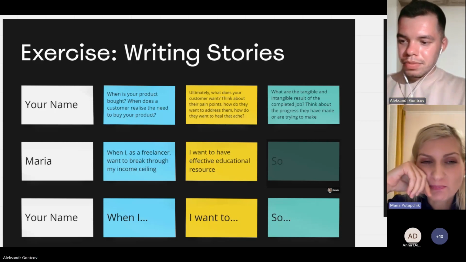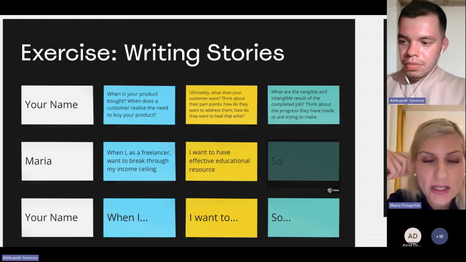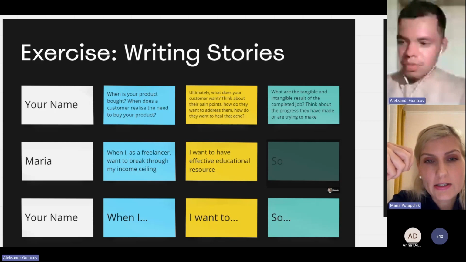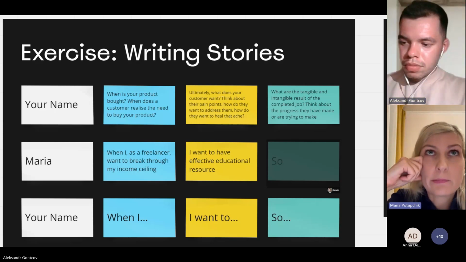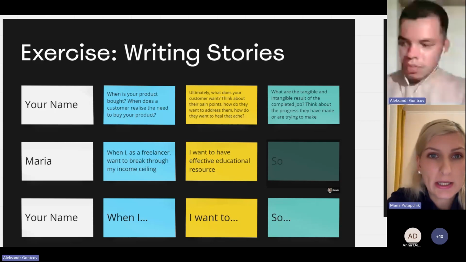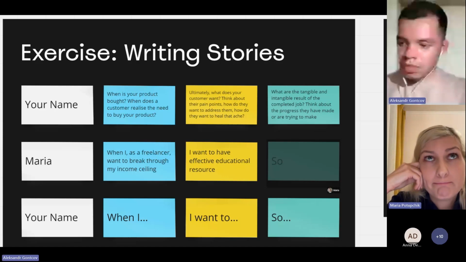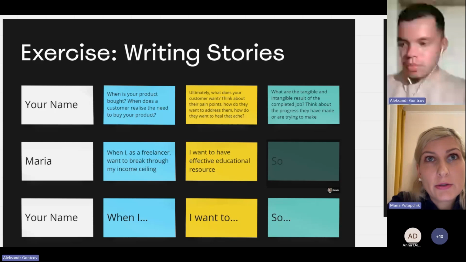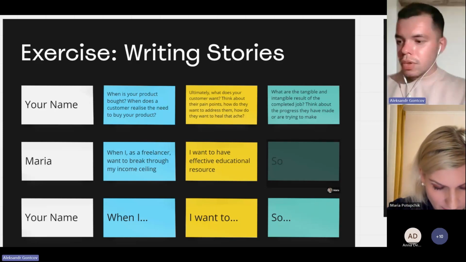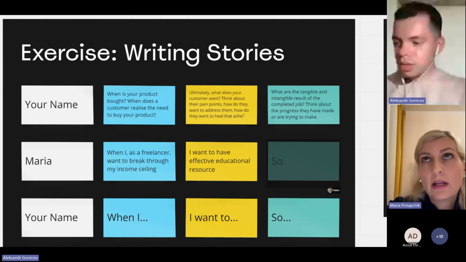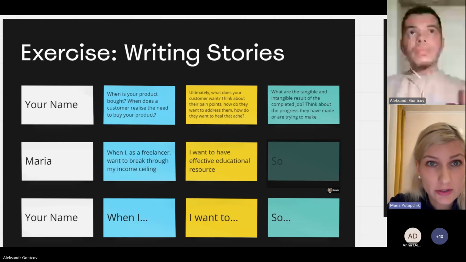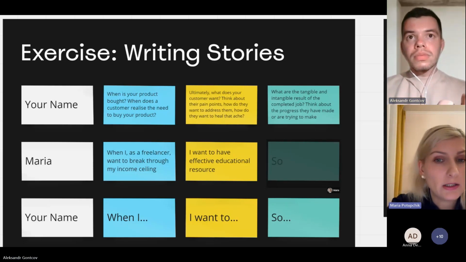The problem that we are dealing with: when I, being a freelancer myself, want to grow my income, and when I have problems with earning more or growing my income, I want to have an effective educational resource that would help me to acquire necessary skills so that I could earn more, that would enable me to learn and apply new skills and help me to earn more and grow my income.